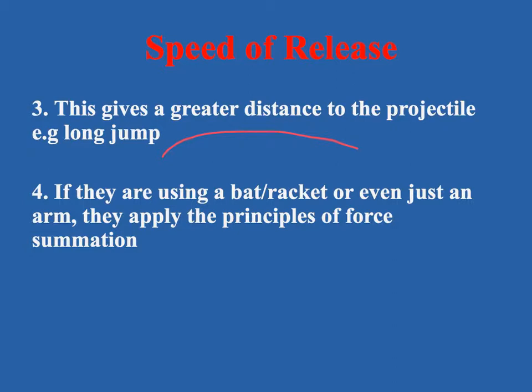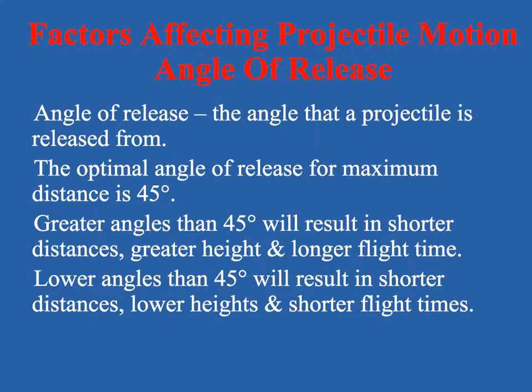So force summation and projectile motion really are linked very closely. They interrelate. The next factor that we're going to look at is angle of release. The angle of release that a projectile is released from. So the angle of release is taken from the horizontal.